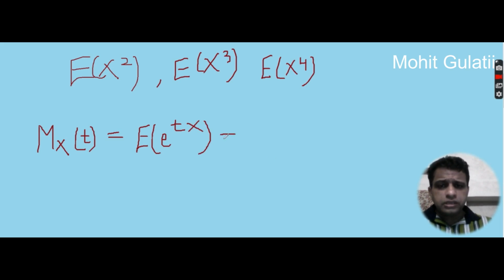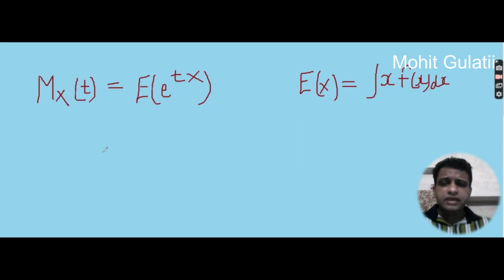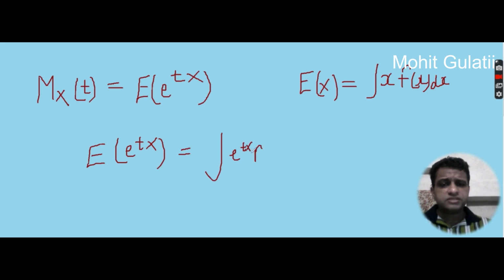We know that E(X) is the integral of x f(x) dx. In the same way, E of e raised to power tX will be the integral of e raised to power tx times f(x) dx.